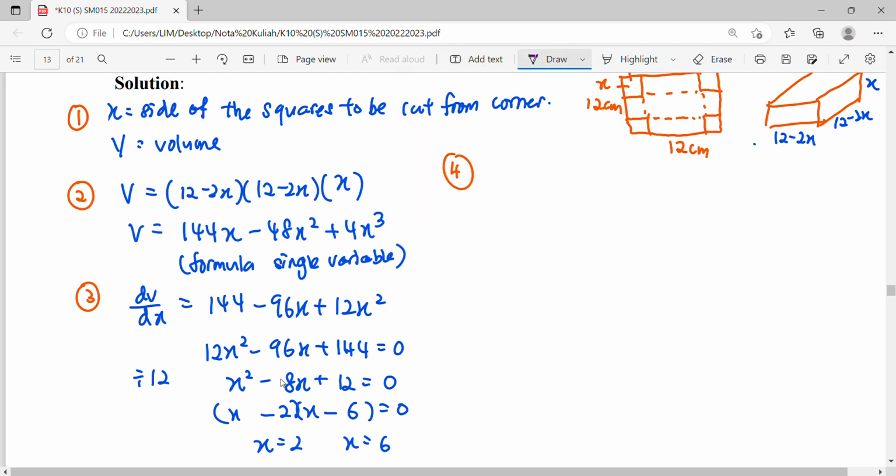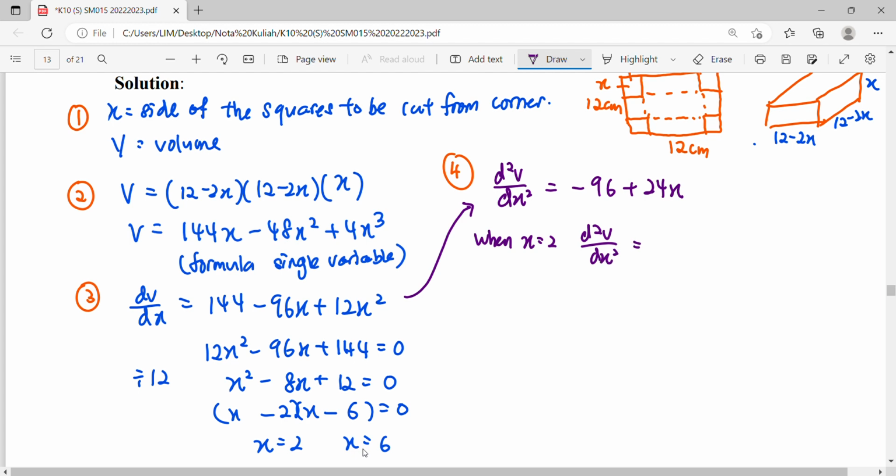So from our first derivative, we proceed to differentiate V with respect to x. The second derivative gives you negative 96 plus 24x. So we are going to test these two critical numbers. When x equals 2, what is your second derivative test?